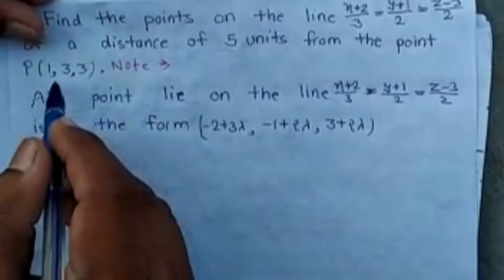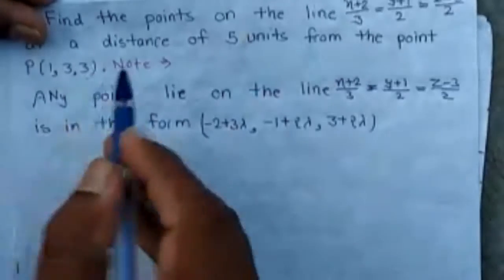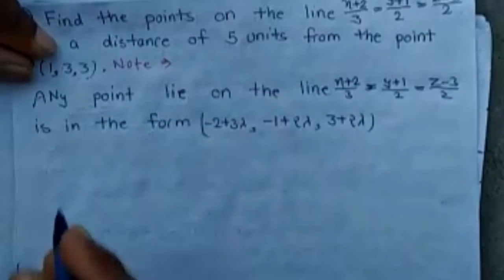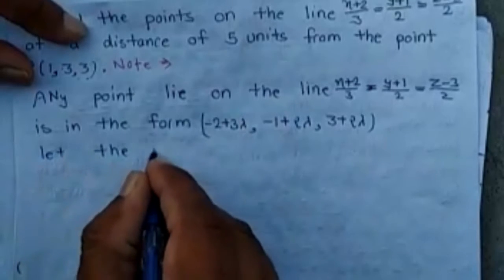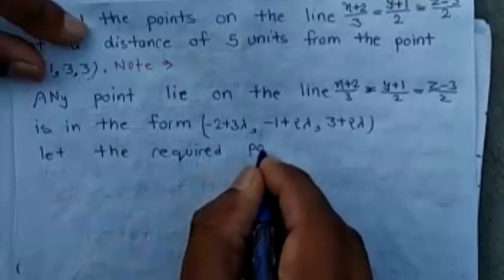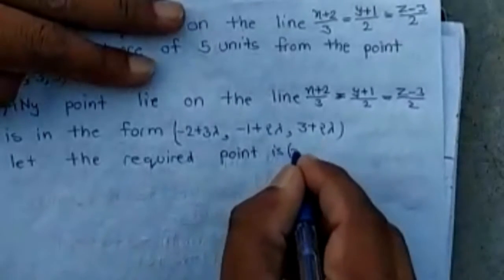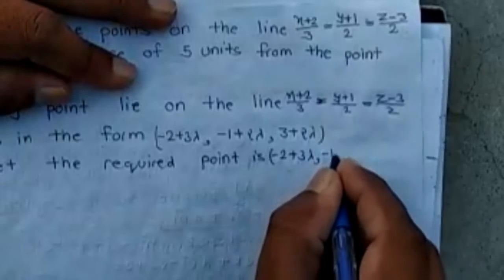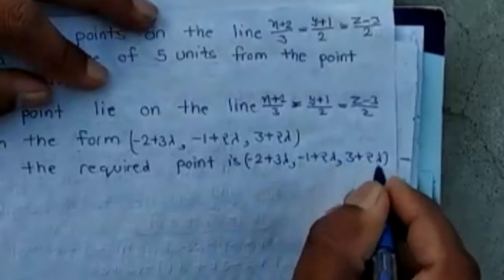Now the point 1, 3, 3 is at a distance of 5 units from this line. Then the distance between this point and any point on this line is equal to 5 units. Let the required point be minus 2 plus 3 lambda, comma, minus 1 plus 2 lambda, comma, 3 plus 2 lambda.